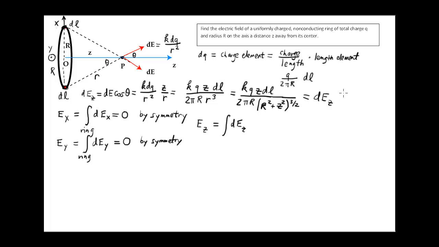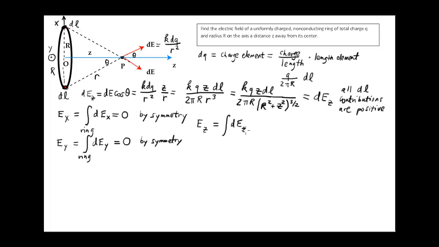So for dEz, what I can write is that all the dl contributions that are part of that integral are positive. In other words, they give z components to the electric field that are all in the positive z direction.